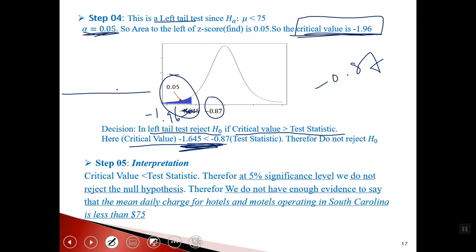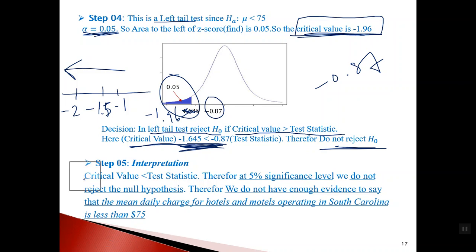Do you remember the values negative 1, negative 1.5? The values are increasing, but the actual values are decreasing to the left side. So your test statistic value is greater than your critical value. So do not reject H naught.